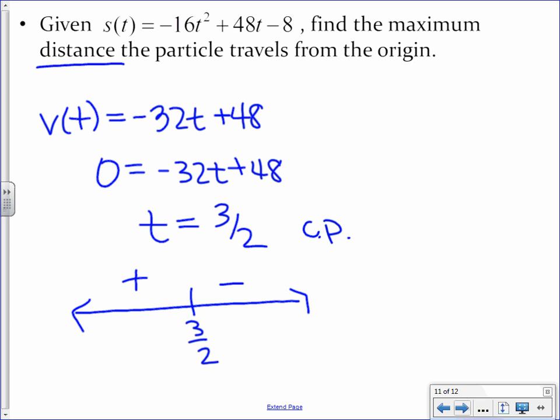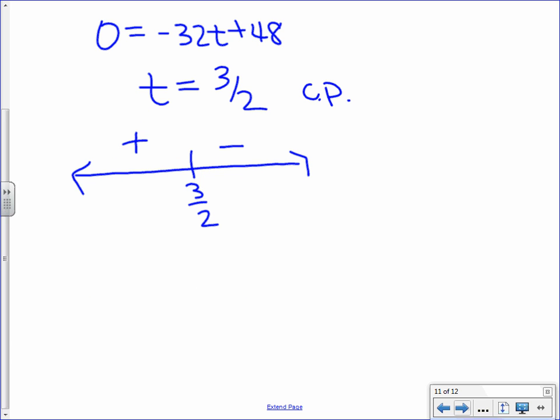It's our only change in direction, so obviously we're going to be the furthest away when we are increasing in position, we stop, and then we are decreasing in position. We're going to be the furthest away. So what would our maximum distance be? How would we find that? Good. We're going to need to plug 3/2 into position.